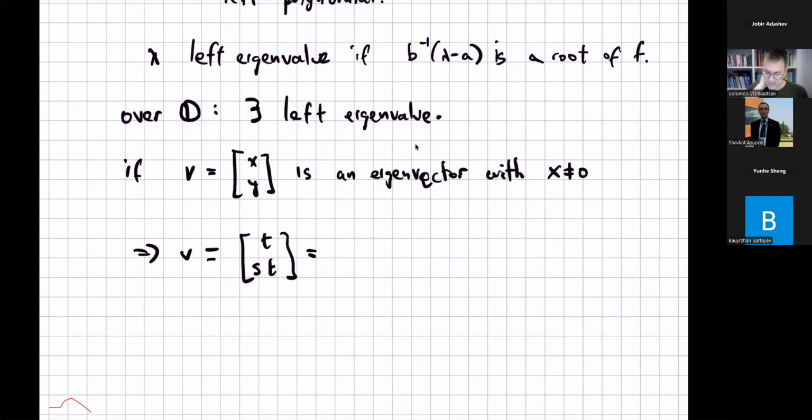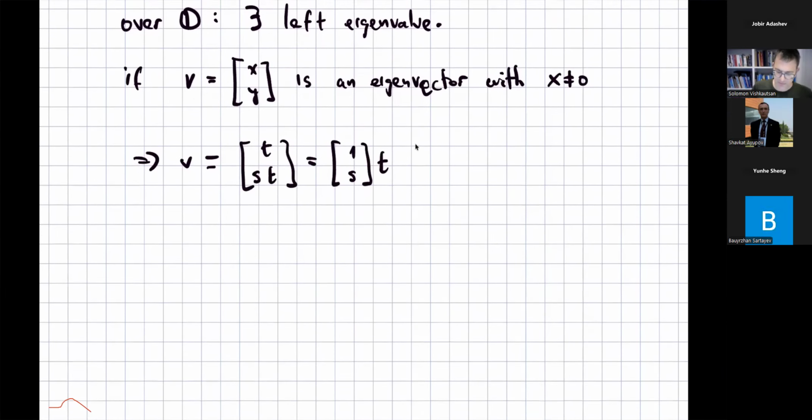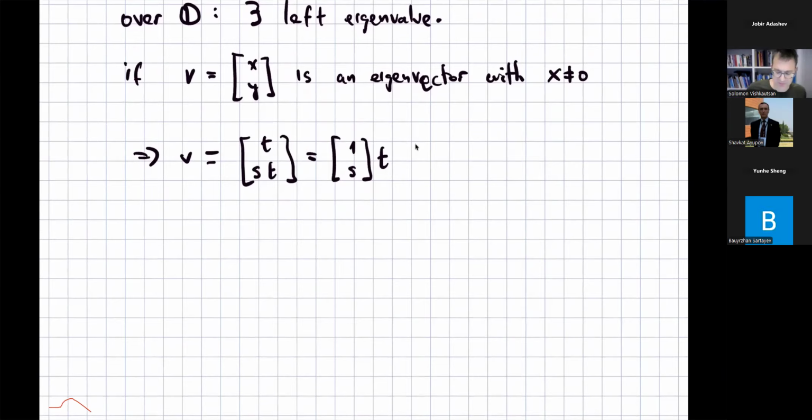We have t, some invertible element. In this case, it's just x, and we can pull it out from the right. So we have the following situation where we have our one-entry vector times t.